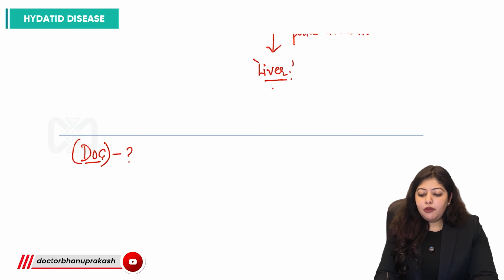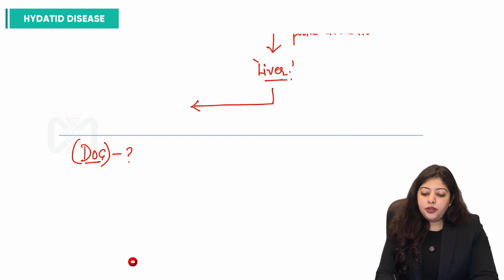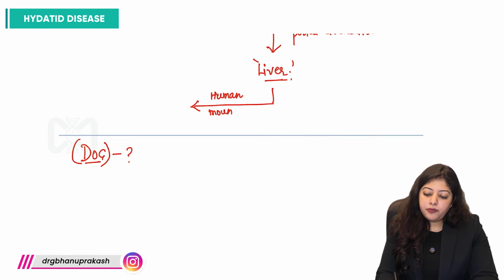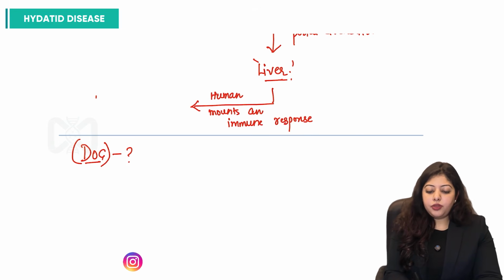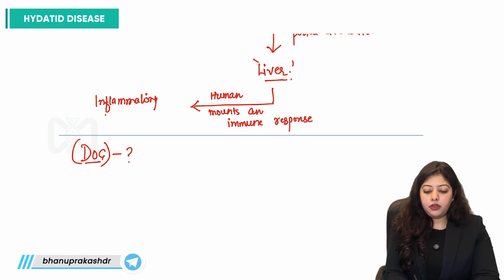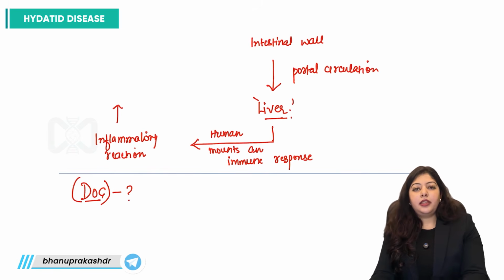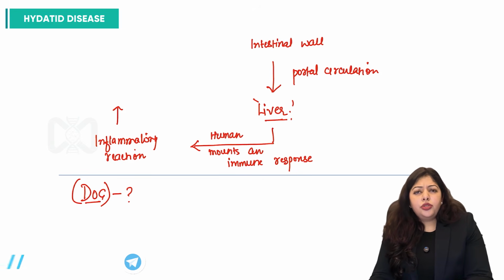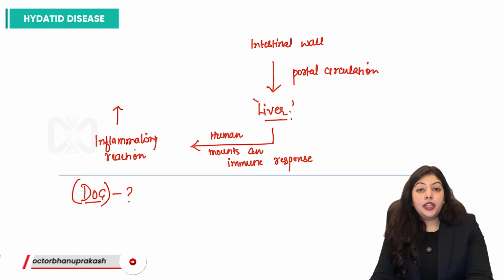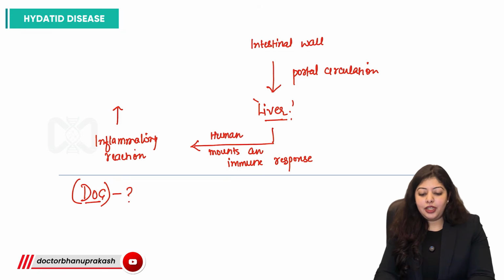So firstly, our host or human body mounts an immune response, right? And because of that immune response, an inflammatory reaction takes place, and once it occurs, most of the oncospheres get destroyed, while some develop into fluid-filled cavities.